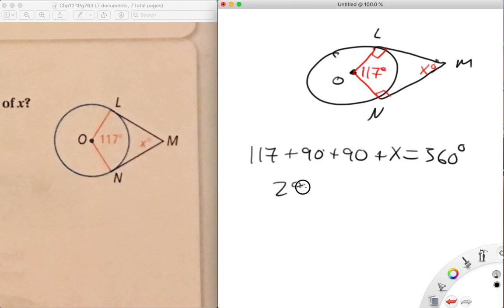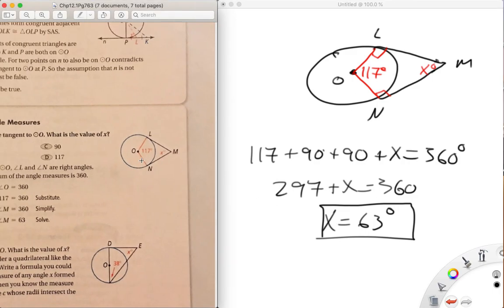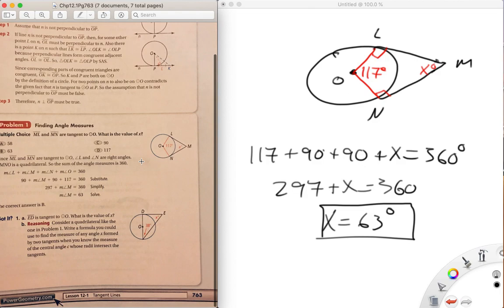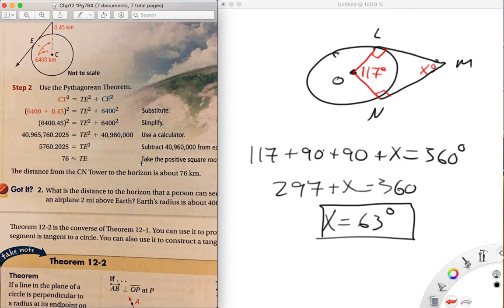So this would be 297 plus x equals 360. Subtract 297. X equals 63 degrees. Alright, so this one is a good problem.